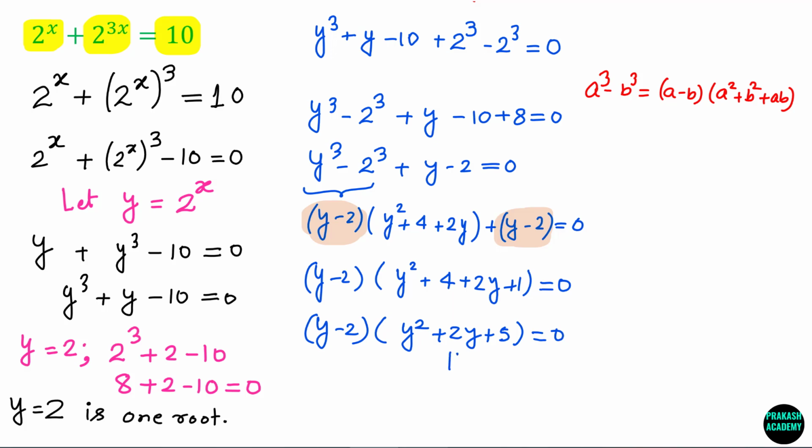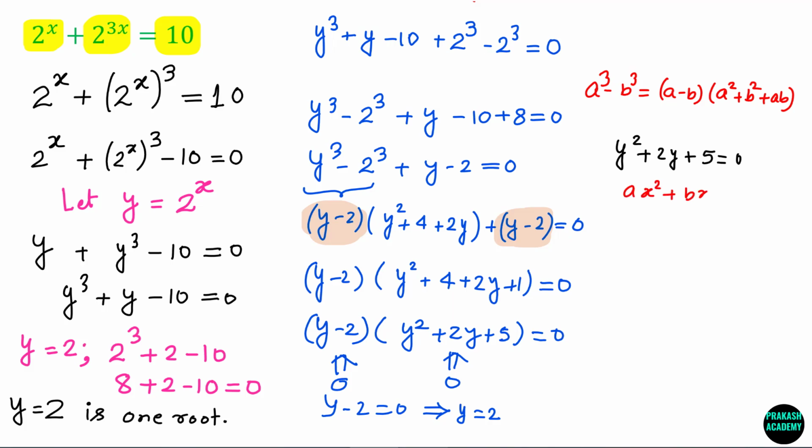So there are two possibilities, either this term is 0 or this term is 0. If y minus 2 is 0, this means y is equal to 2. So this is one solution. But for the other part, y square plus 2y plus 5 is equal to 0. So this is a quadratic equation. If you remember, for a quadratic equation ax square plus bx plus c is equal to 0, the roots are given by minus b plus minus square root of b square minus 4ac, divided by 2a.